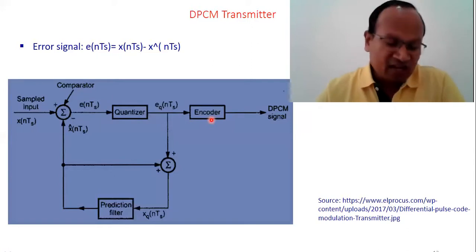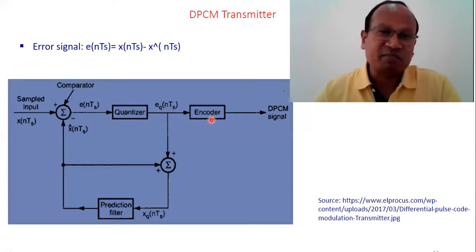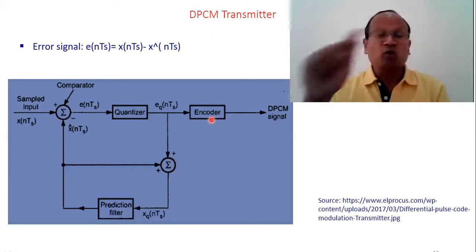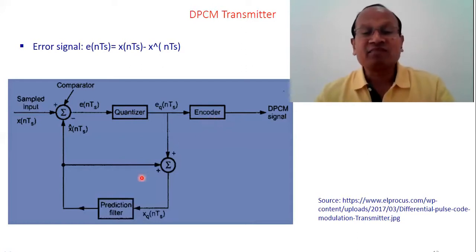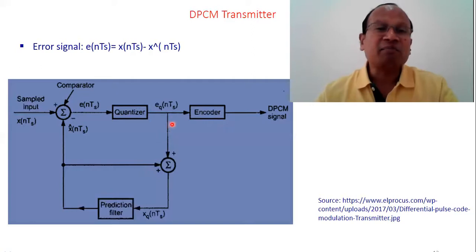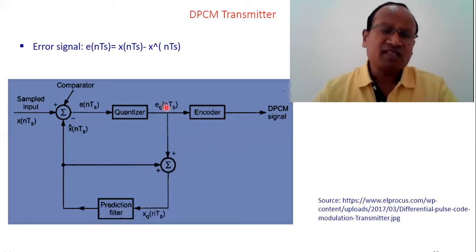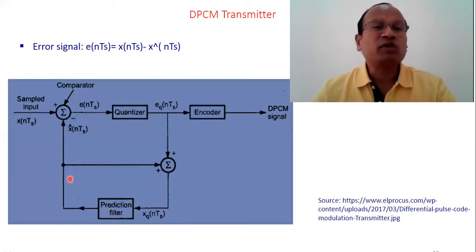Another interesting thing about DPCM is that in PCM there was no feedback, there was no loop. But here you can see there is a feedback. What is feedback? Some part of the output is going back to the input. Based on the error signal, we approximately compute the quantized x(nTs), and then pass it through a prediction filter which is subjected to the comparator.